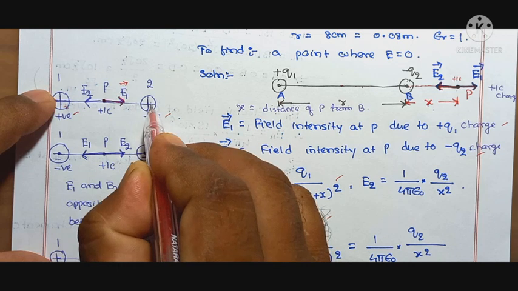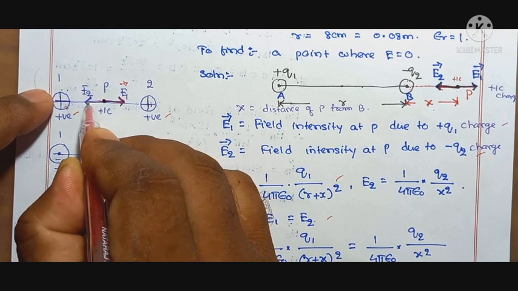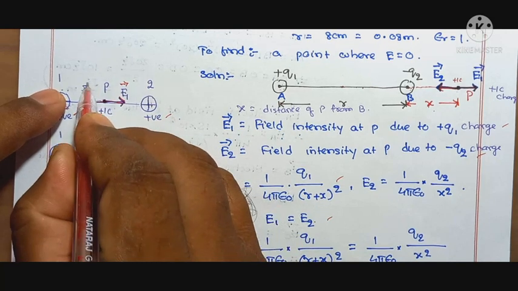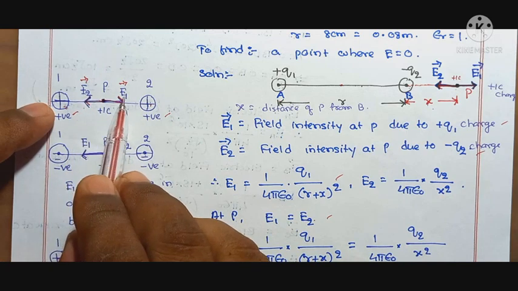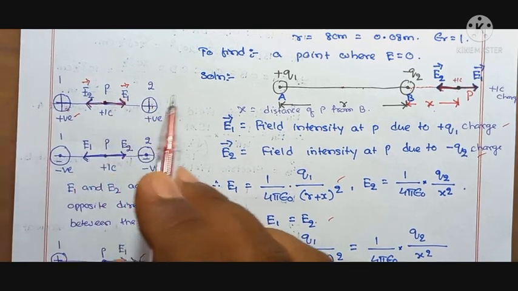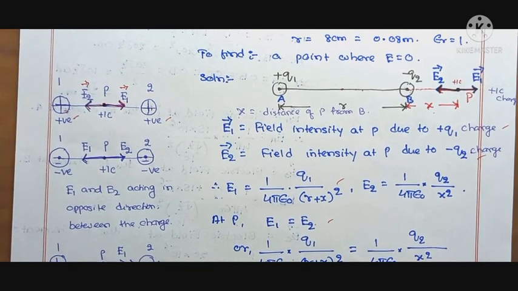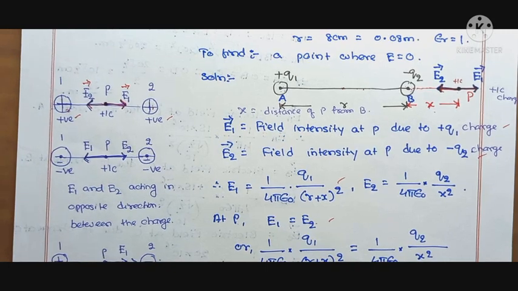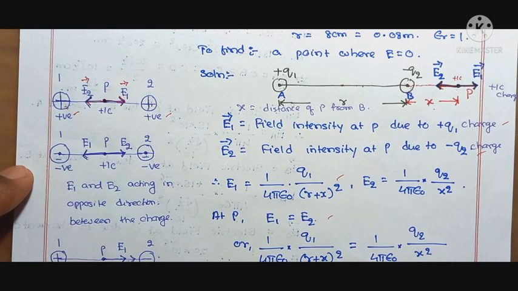Now this is also positive charge. Due to this charge, this plus 1 coulomb charge will move in this direction. That means right to left. So these two electric field intensities are acting opposite to each other. So when both charges are positive, there is a possibility of getting neutral point between the charges.